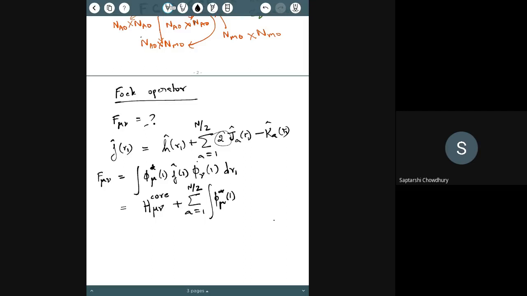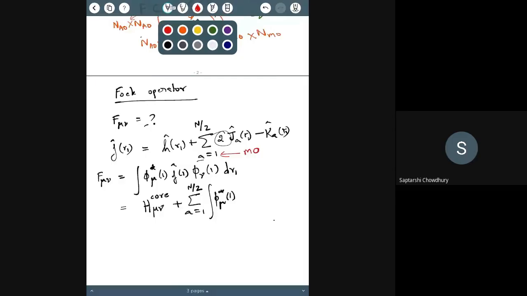Because A is a molecular orbital, and I don't want a mixed integral of atomic and molecular orbitals. That is not neat at all. So you want either atomic orbital integrals or molecular orbital integrals. So now I'm trying to go over to one of them and not have a mixed integral.